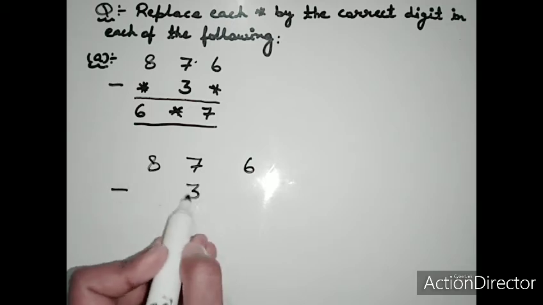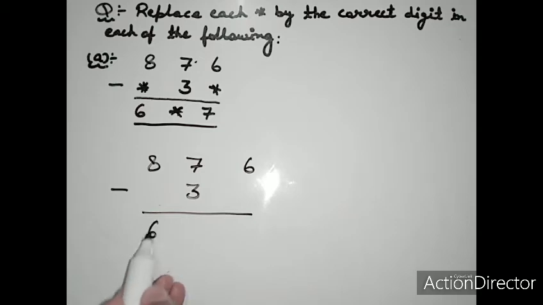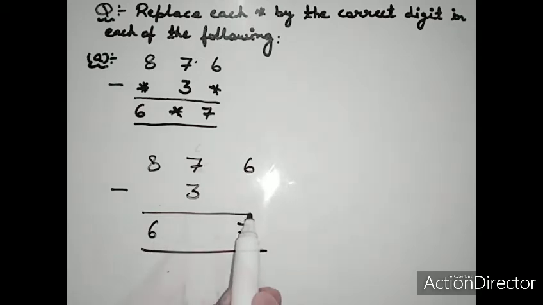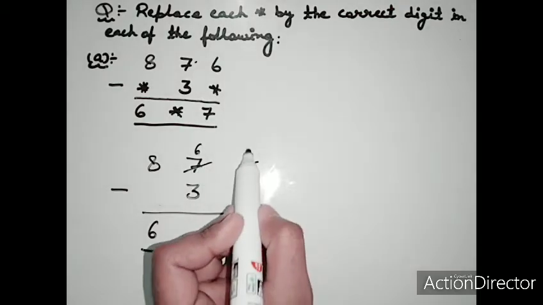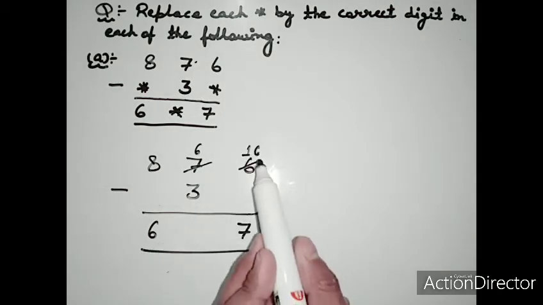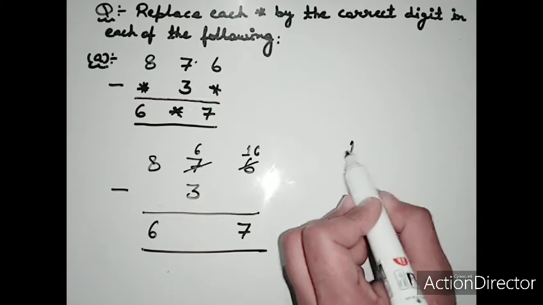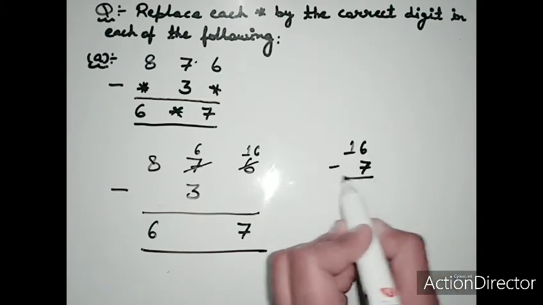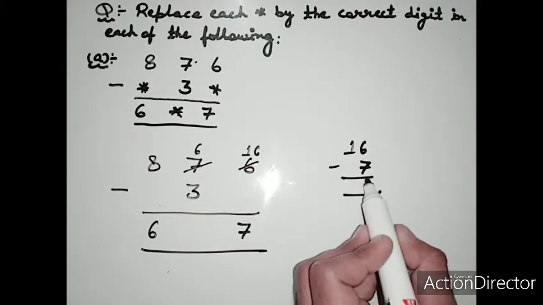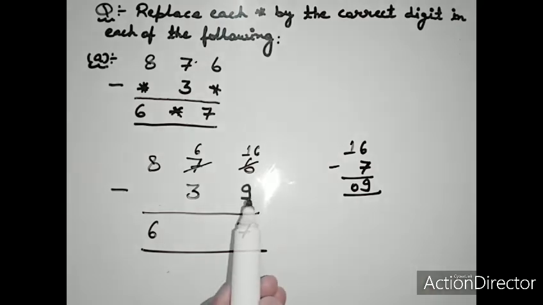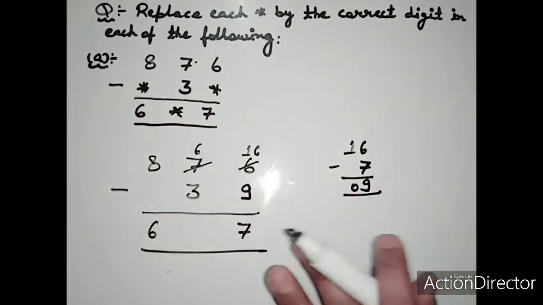Now 3 and 6 7. Now how do we get 7 here? Change this digit into 16. So here we subtract 16 minus 7, and 16 minus 7 gives 9. Here we write 9 in the place of this star, and we check our answer also.